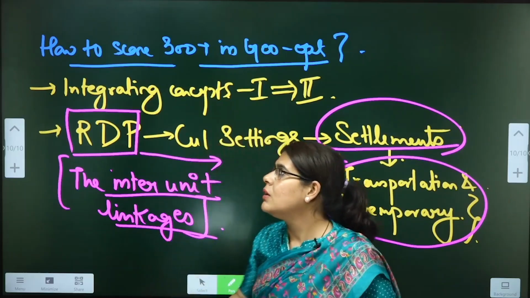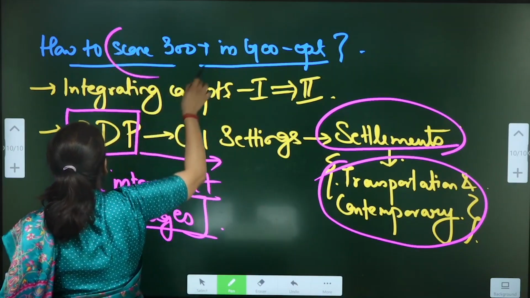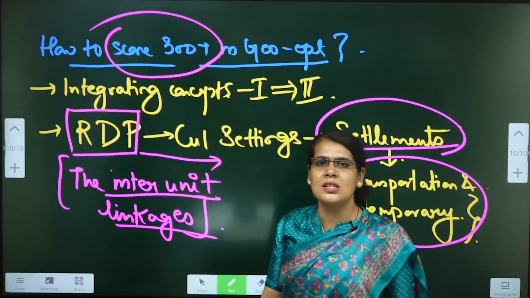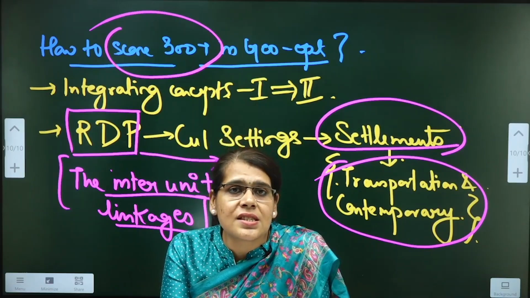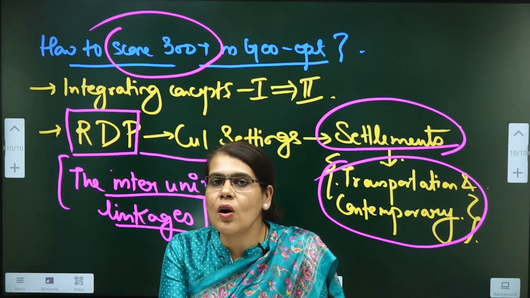That is, how do some students score very high in geography optional? So previously also students have done such things while preparing their geography optional.